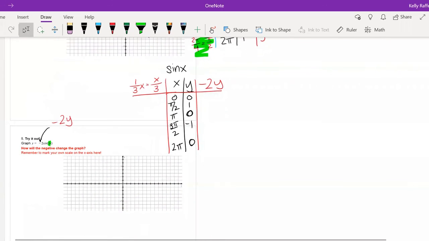For the y part, I got 0, -2, 0, 2, 0. Nice work, Chris. That sounds great. How about you have your x's too, Chris? You get the x's too.